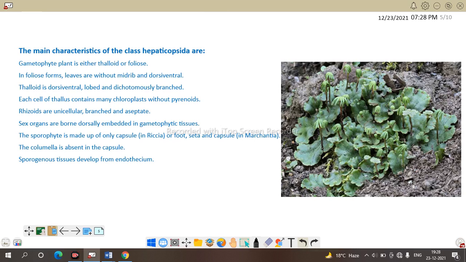Next is the characteristics of class Hepaticopsida. The thalloid plant body looks like foliage. Midrib is absent, and it is dorsiventrally flattened and dichotomously branched. Dichotomous branching means this is the main branch, and it has two lobes. This is the lobe which separates the thallus into two different groups.